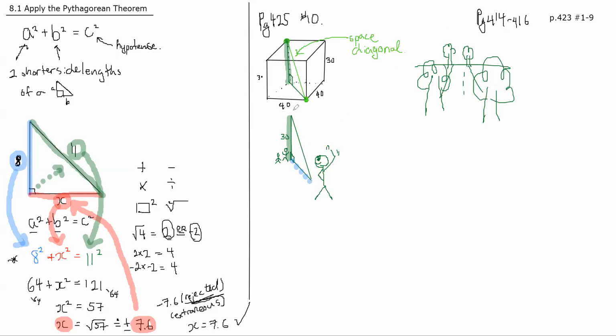Well, how do I get that? Well, remember, this is the side I'm talking about. And that diagonal happens to be the diagonal of the base square, in fact.